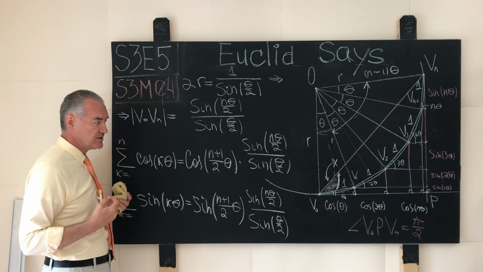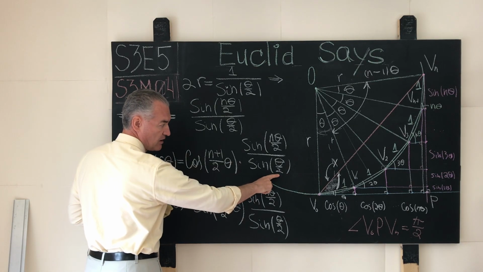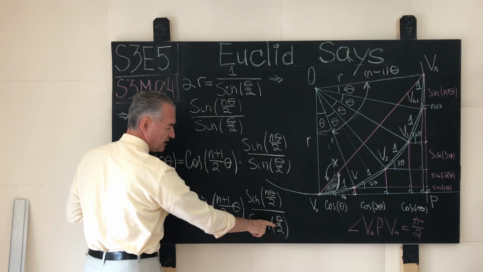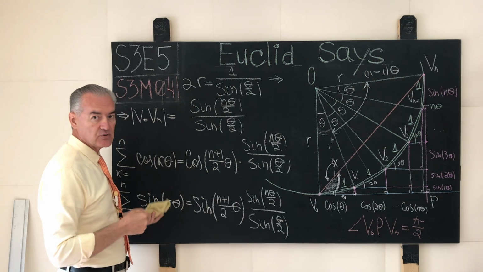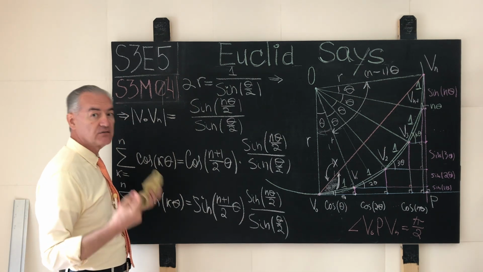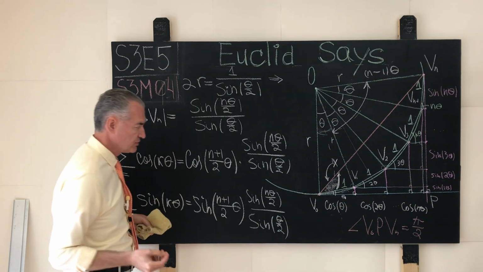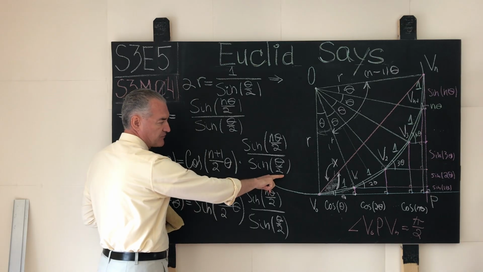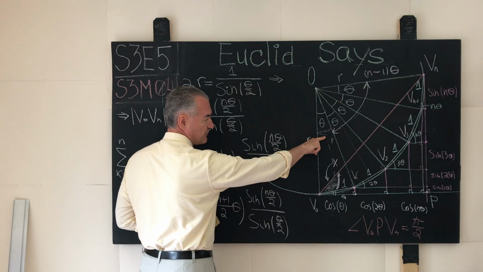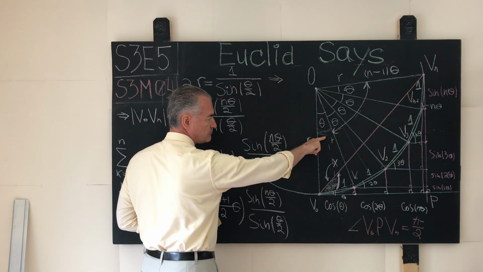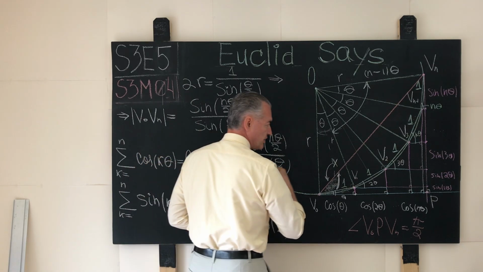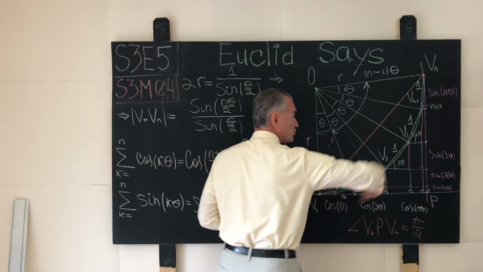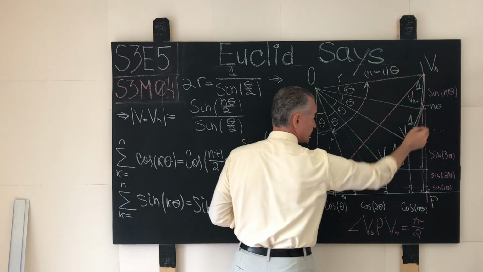Well, now we understand that these halves, 1 half, 1 half, 1 half, 1 half, are basically the angular bisectors of the corresponding isosceles triangles. That is all there is to it. Here, the bisector of the angle theta is how we recovered the length of the radius of the circle on which our vertices sit.